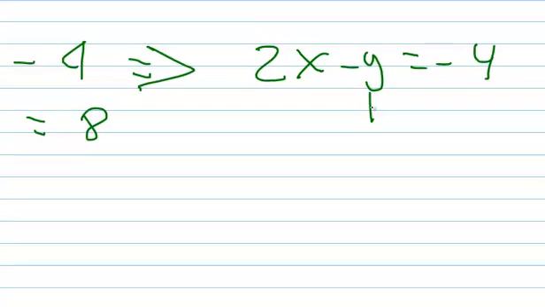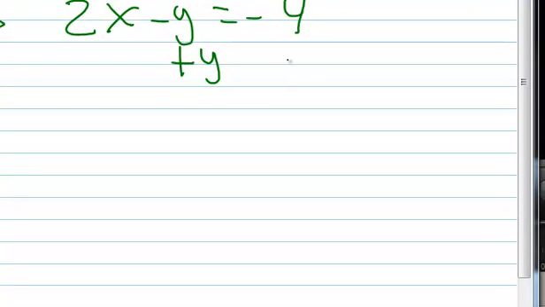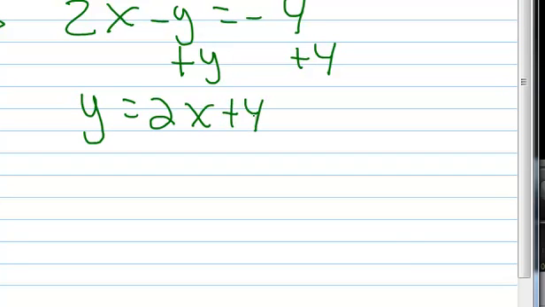I'm going to take the top one and solve for y. I can add y to both sides, and simultaneously add 4 to both sides, so I end up with y equals 2x plus 4.